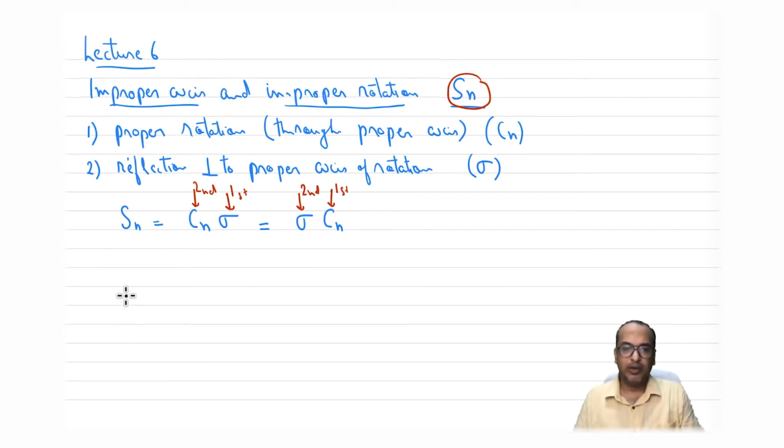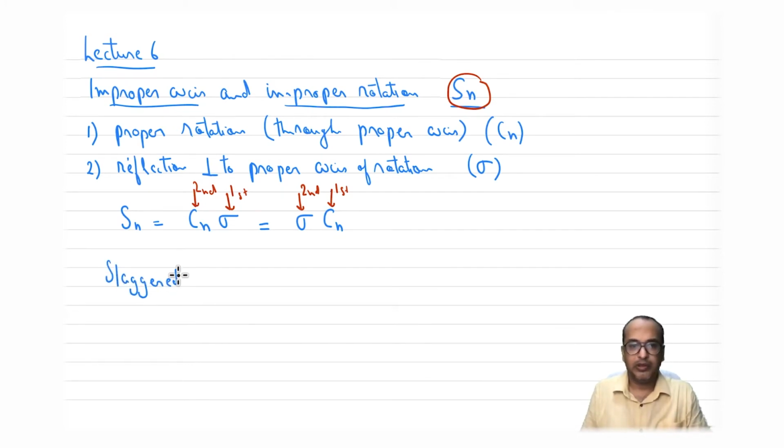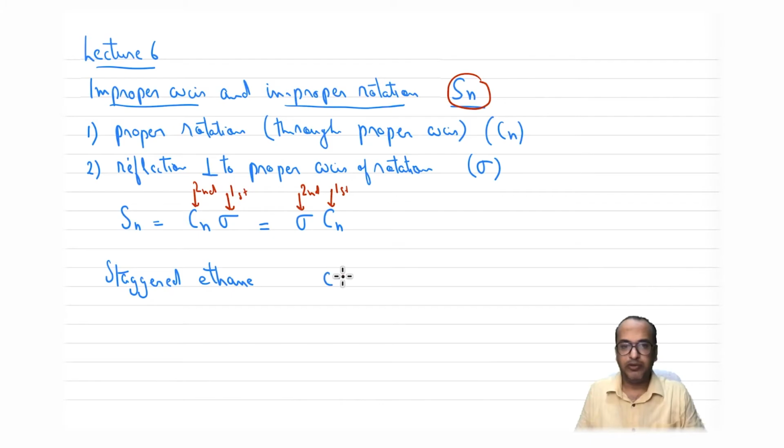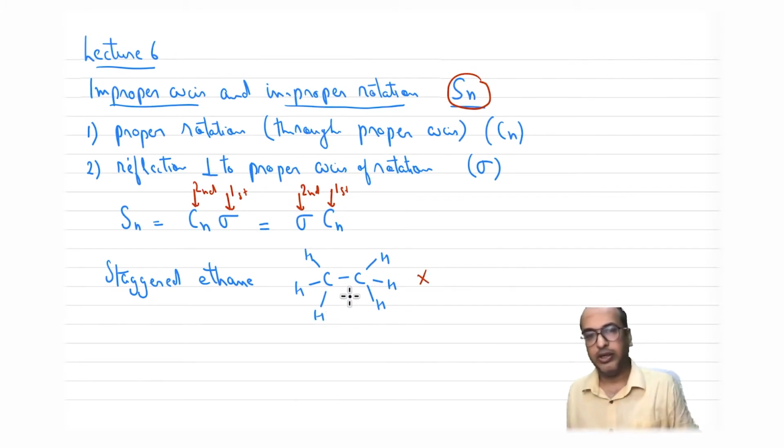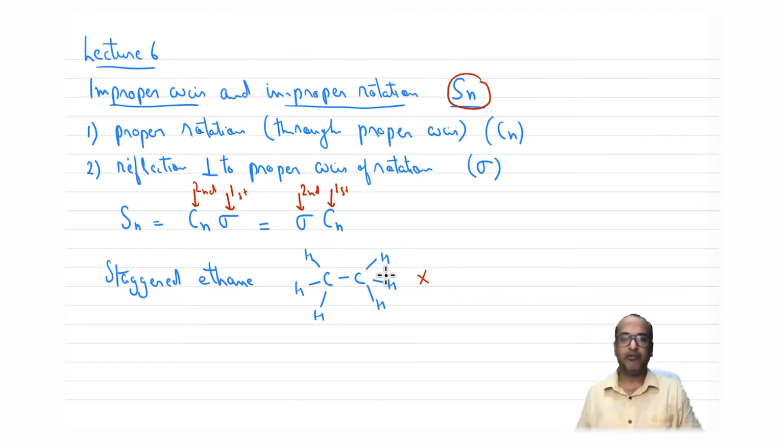So let us see with an example how this improper axis can be understood. Let us look at an example of staggered ethane. How do you draw this molecule? So we have C, C, H, H, H. You must have seen this drawing earlier, but in symmetry class, you will never draw a molecule like this, because it does not tell you the orientation of each hydrogen.